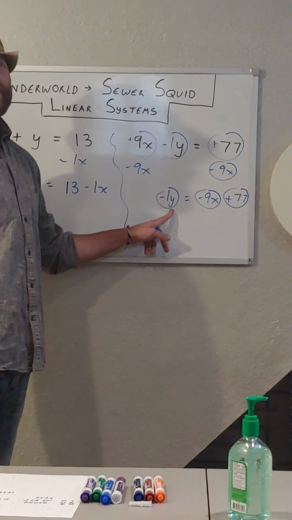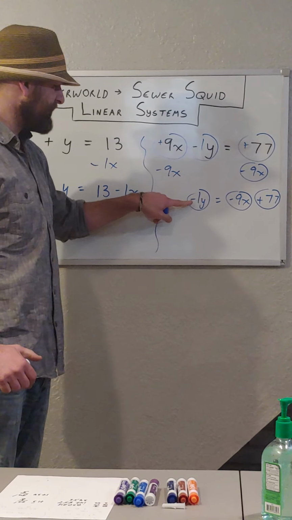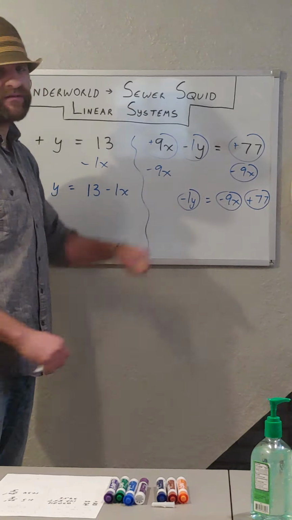And technically the y is not by itself because we got a negative there, so any ideas what we could do to fix that? Divide everything by -1. Yep, divide everything by -1, or you could multiply everything by -1. Accomplish the same thing. Then when you do that, you'll have a positive 1y, positive 9x, and a negative 77.